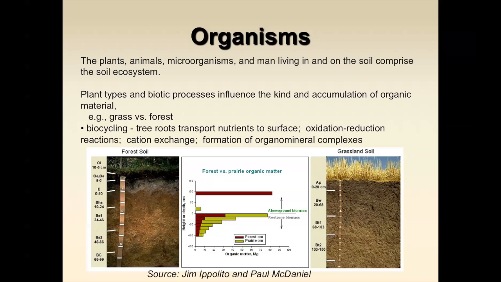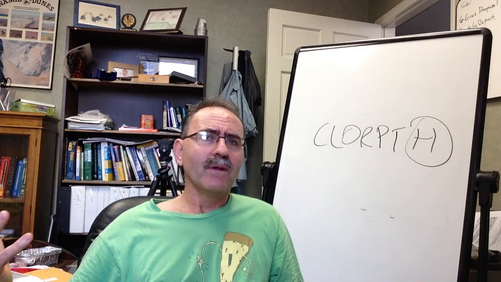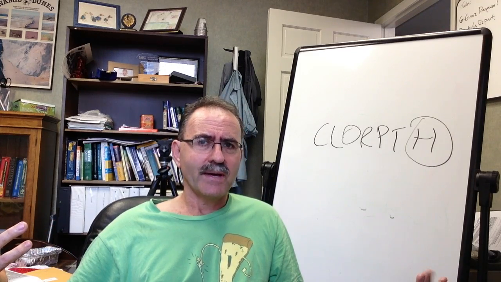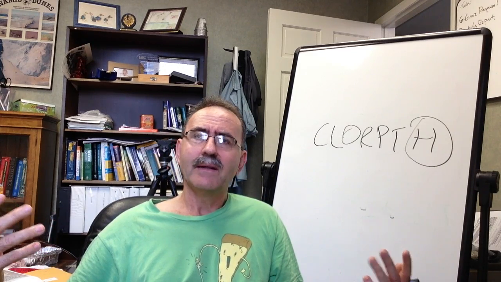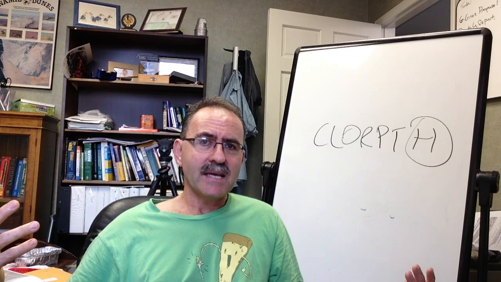So your above ground biomass in forested areas, like in the eastern part of the country, there's a lot more above ground biomass than below ground, whereas in the prairie soils you're going to find there's a lot more organic matter. Typical numbers we'll find in an undisturbed forested soil in the eastern part are maybe 2 to 3%.